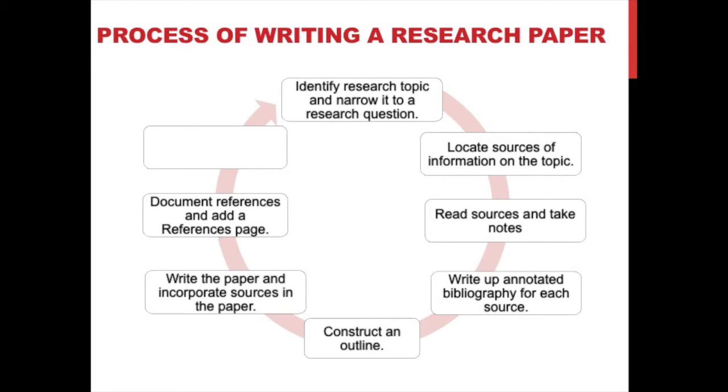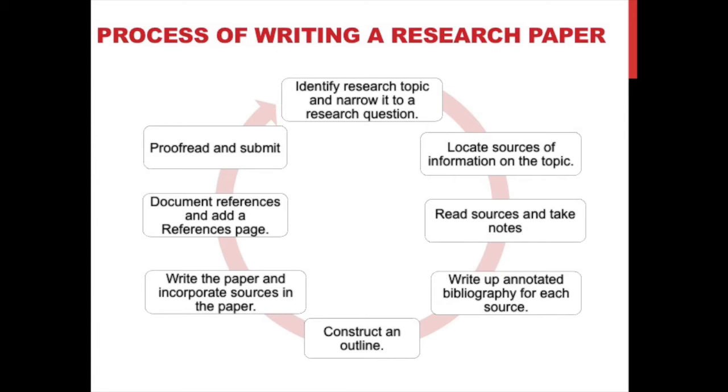Next, when you finish your article, the following step is for you to document those references and add a references page at the end of your research paper to finish this research paper as a whole. We will talk more about how to document references in the text and in the references page in the following courses. So here comes the final step of writing a research paper.